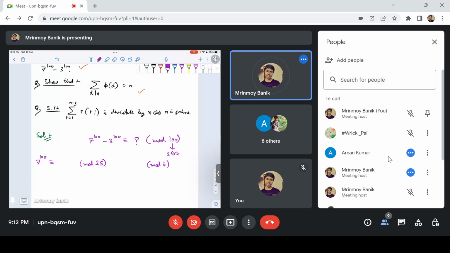So for 25, phi of 25 will be 20, I think. 5 into 4. Okay, phi of 25. I don't know why we are calculating phi of 25. We could have directly calculated phi of 100, right?